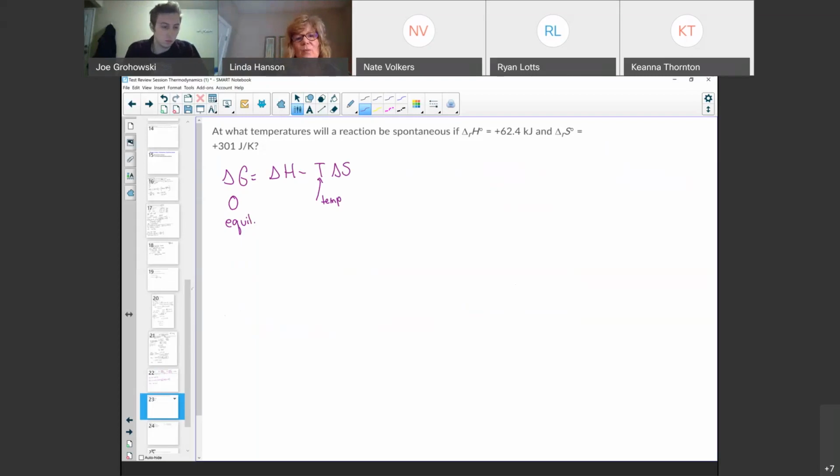We want to know at what temperature it's not spontaneous, which would mean that it's spontaneous in the reverse direction. Here's our strategy. Let's solve for T when delta G is 0. That's going to tell me the exact temperature at which the forward and reverse reaction are in equilibrium.